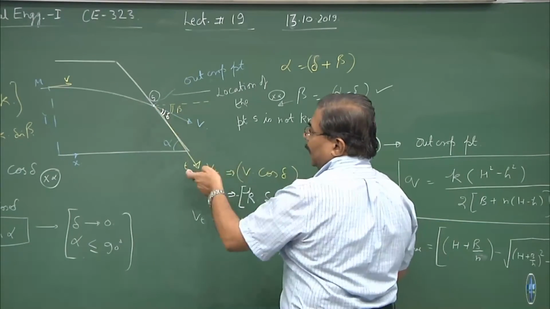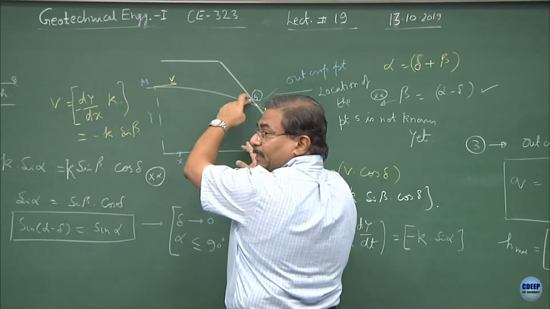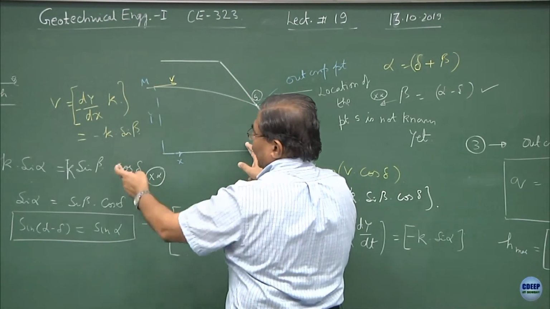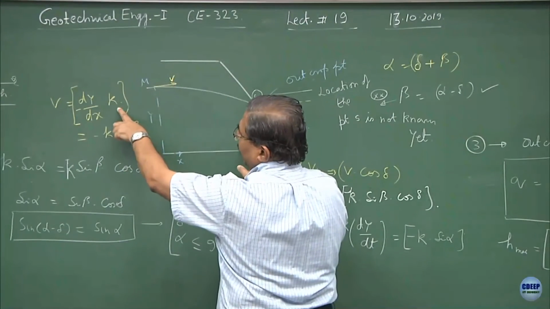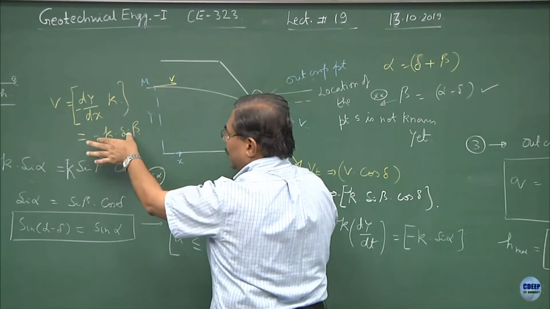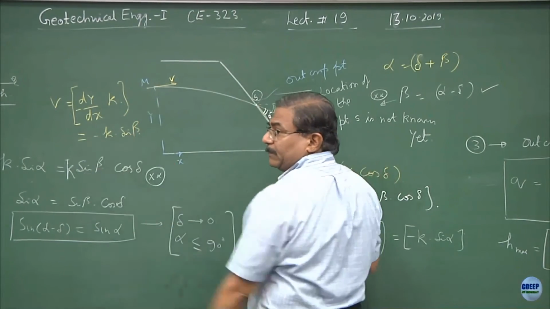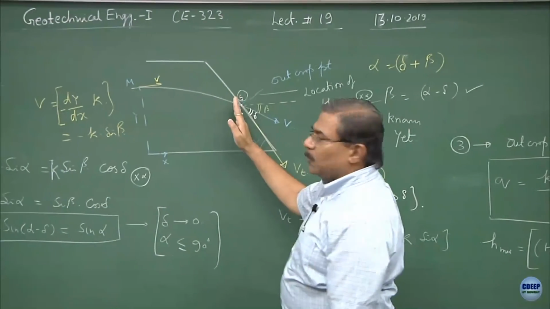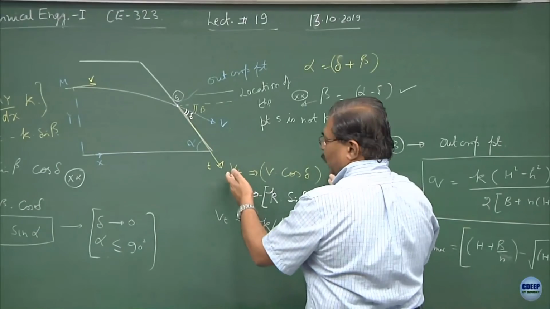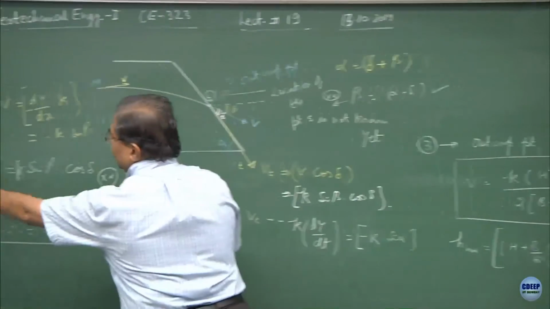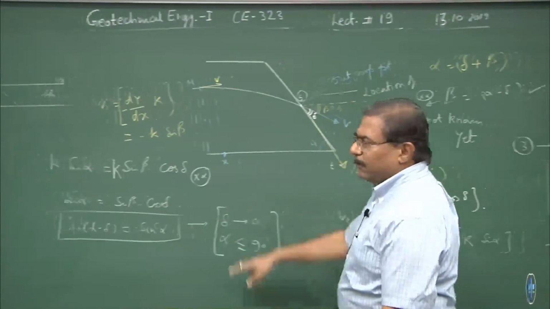Second, if I consider this point very close to the surface, I can use this relationship, dy by dx is I, multiplied by k, which is equal to velocity, and hence this velocity is going to be the same as this velocity, that is it, continuity. If this point is very close to this, I am equating the two velocities, one is this and one is this. So this is the solution which I get, and these are the boundary conditions.